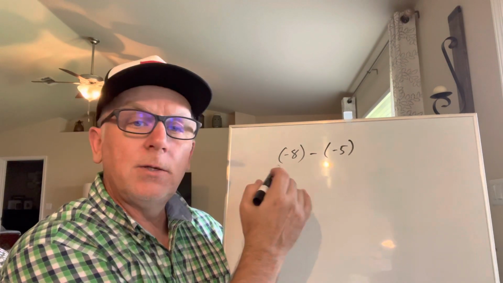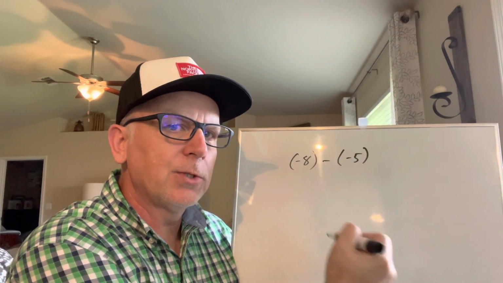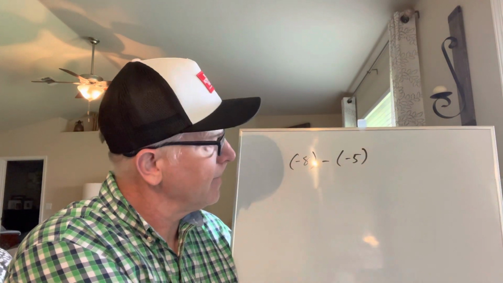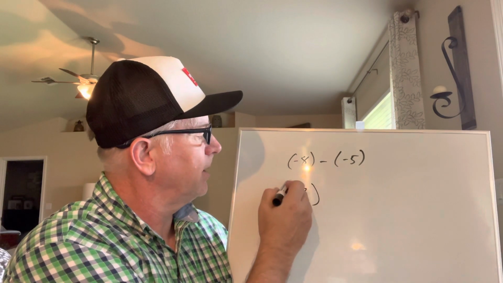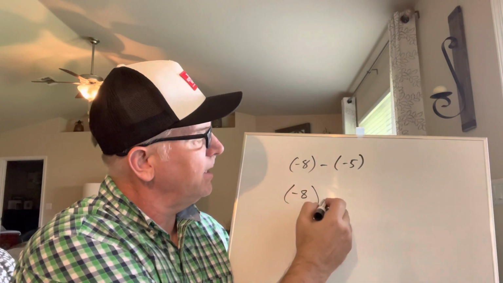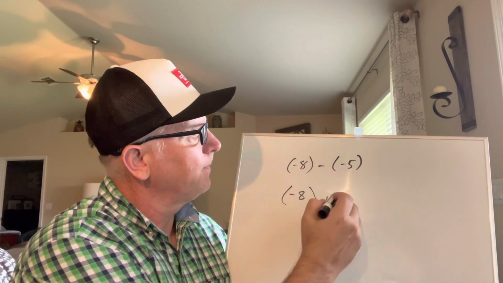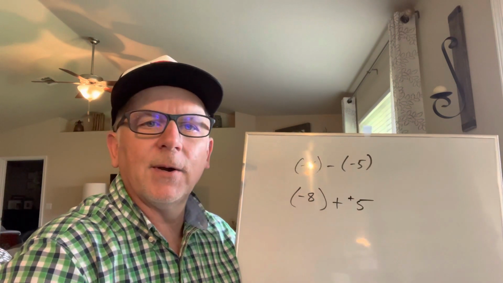So the way you do subtraction is you change it to an addition problem, and then you use the addition rules that we just talked about. So notice, here's how you do that. You write the first number down just like it is, so you keep that same number, and then you change the subtraction to addition, and you write the opposite of the second number.